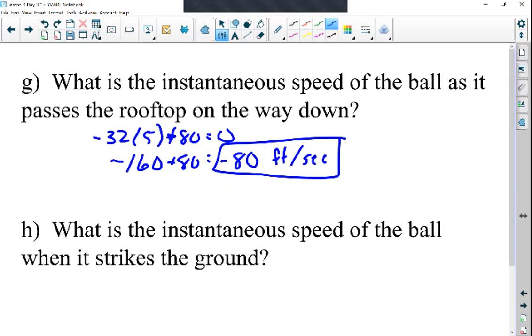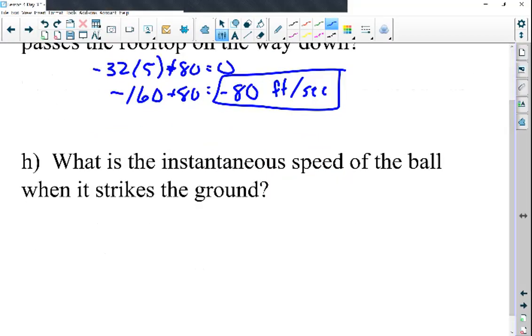And what is the instantaneous speed when it strikes the ground? Now, don't be smart and say 0, Mr. Gingrich, because when it hits the ground, it's not moving anymore. They mean like right before it hits the ground, how fast is it moving? And that happens when t equals 6. We found that as well in the beginning of the problem.